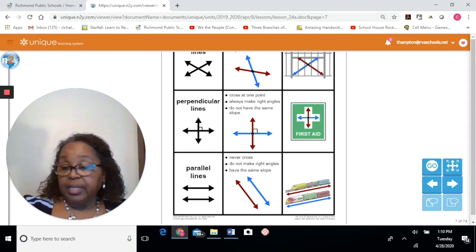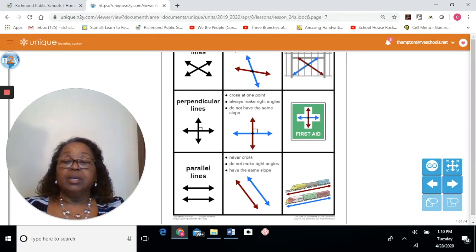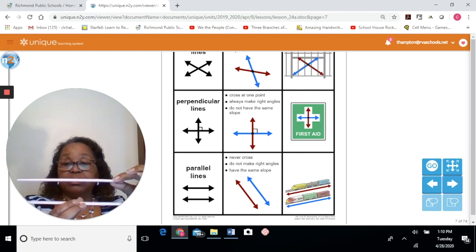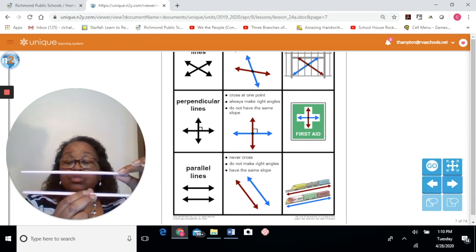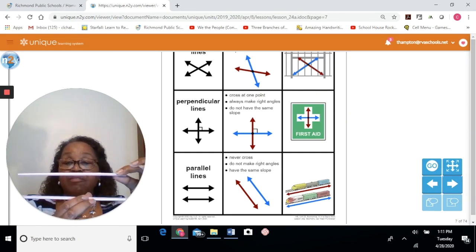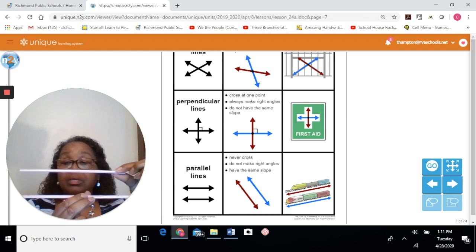Now, parallel lines. Remember, lines go on forever. So these two lines will go on forever in the same direction, and they will never cross. They could go all the way around the world and they will never cross. They never make right angles, and they have the same slope.